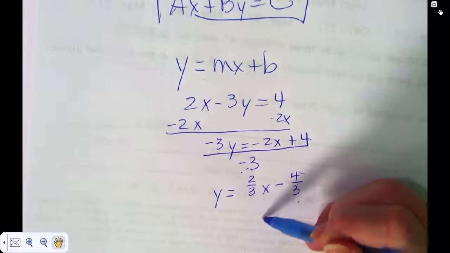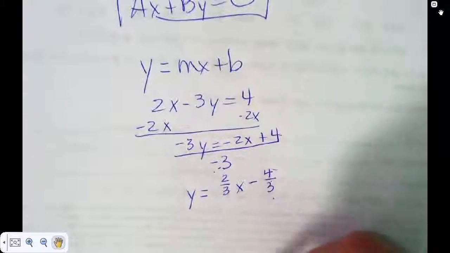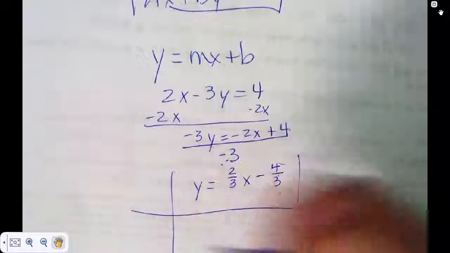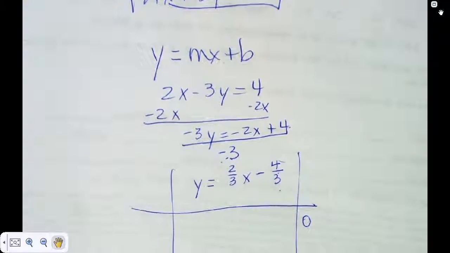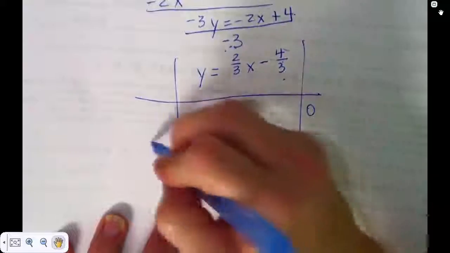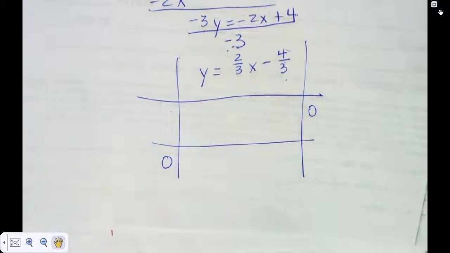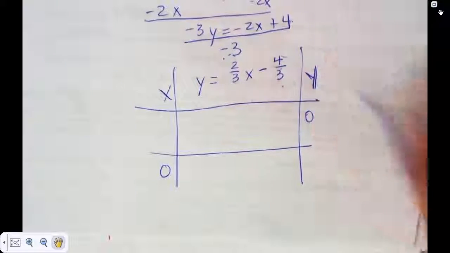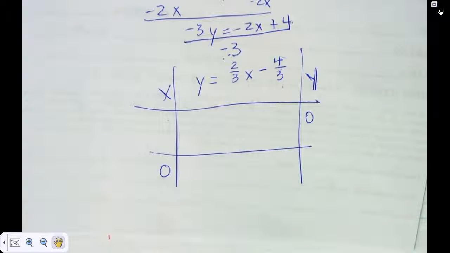I could find my x-intercept by putting 0 for y, work that, and then put 0 for x. True? That's one way I could do it. What's another way? What's the way that your teacher's going to do it first?